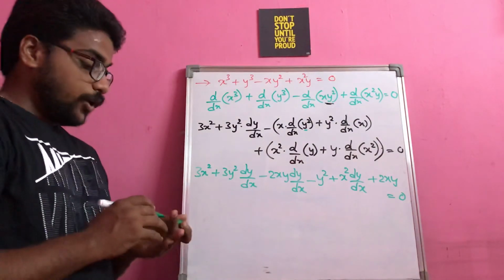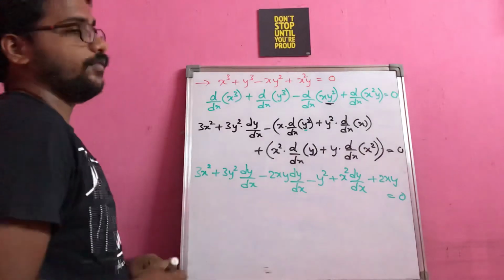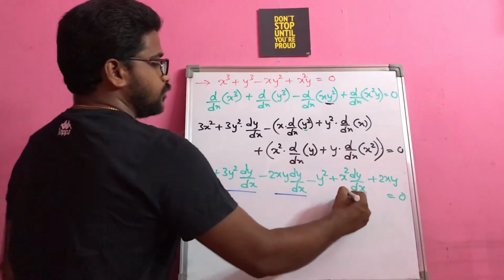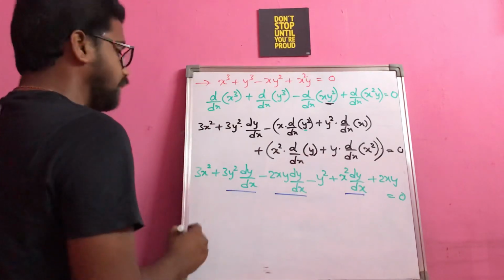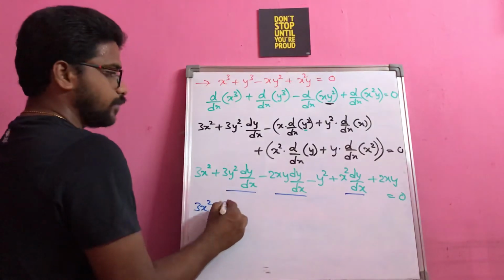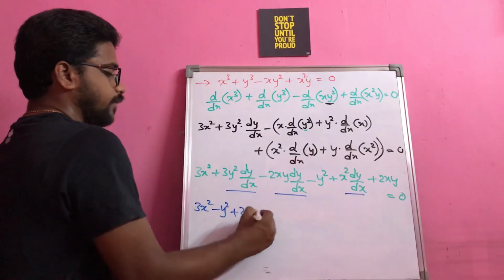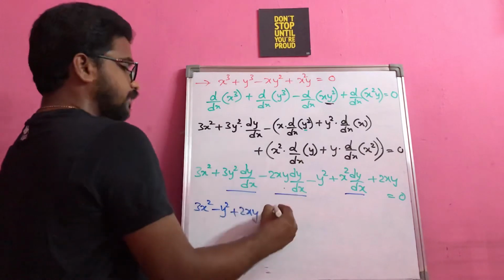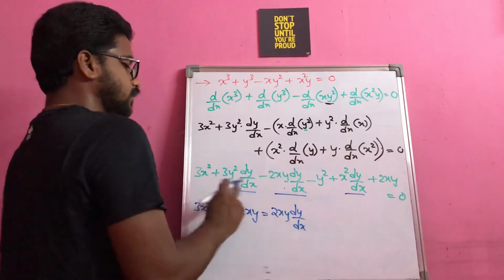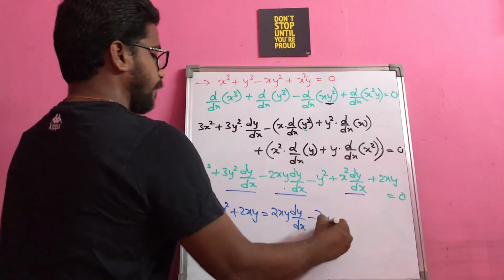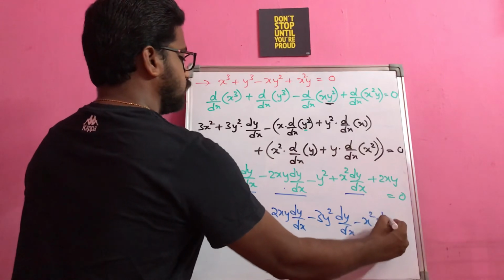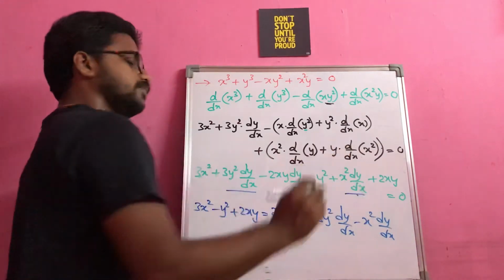So again, your requirement here is to find the value of dy by dx. So send all the dy by dx terms to the other side, and keep the other terms aside. So 3x square minus y square plus 2xy is equal to, if I send this term to the other side, it will become plus 2xy dy by dx, this term will become minus, and this term will also be minus this term, right?